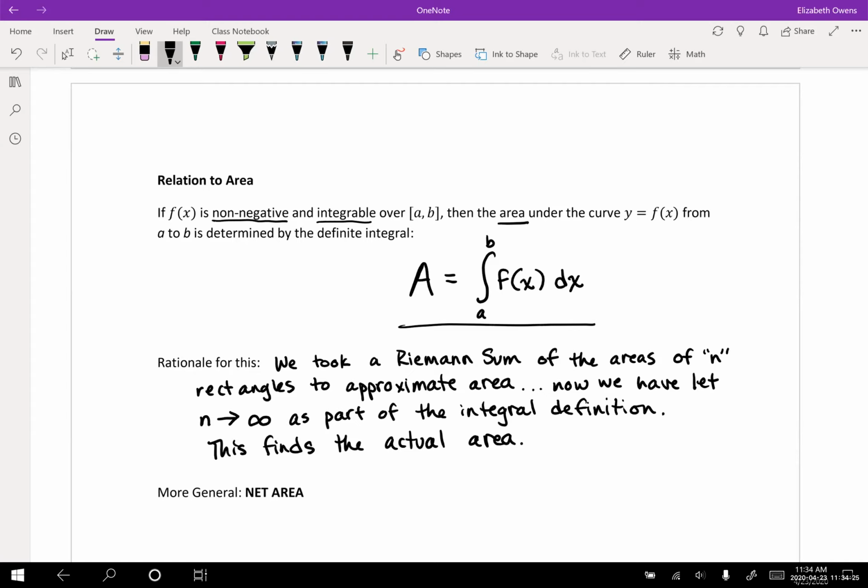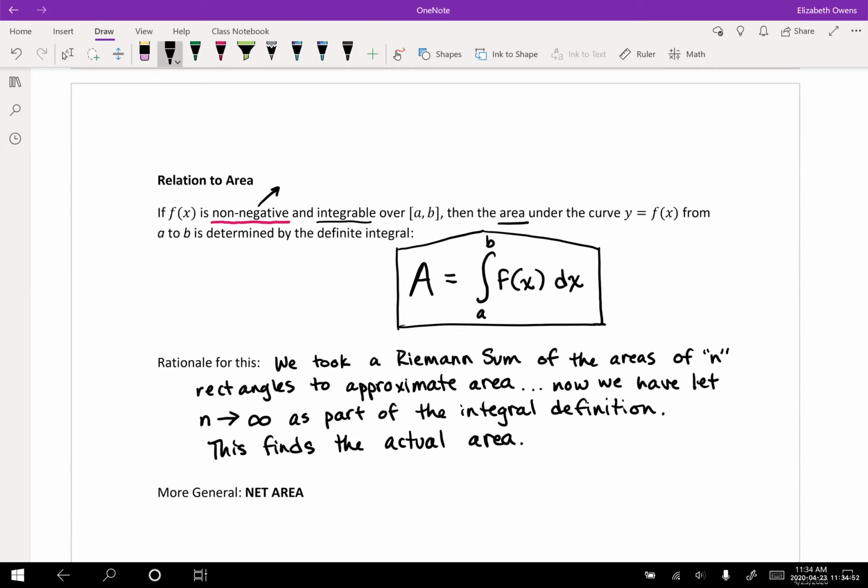Now, this is a good equation right here. Notice one little thing though, in this kind of condition statement beforehand. This says if f of x is non-negative, that's a real specific type of function there.